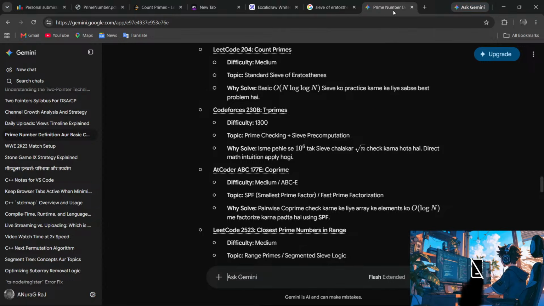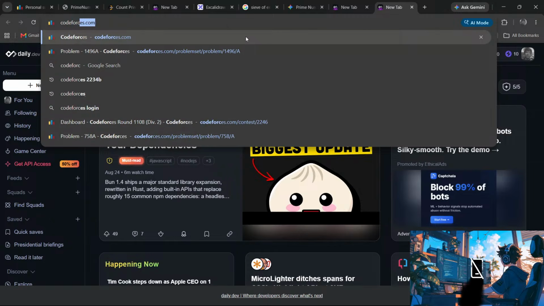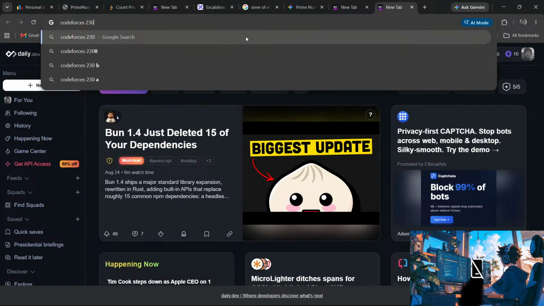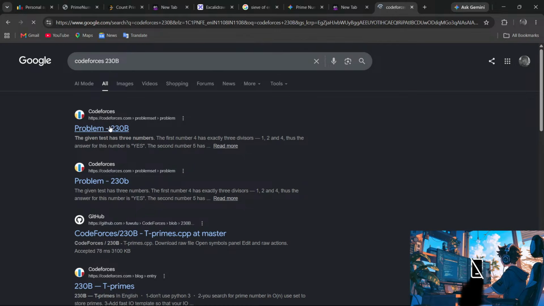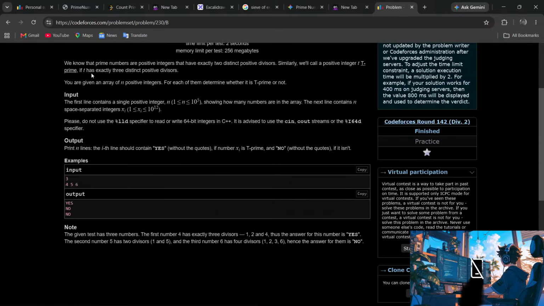What is this? Codeforces 230B. We know that prime numbers are positive integers that have exactly two distinct positive divisors.